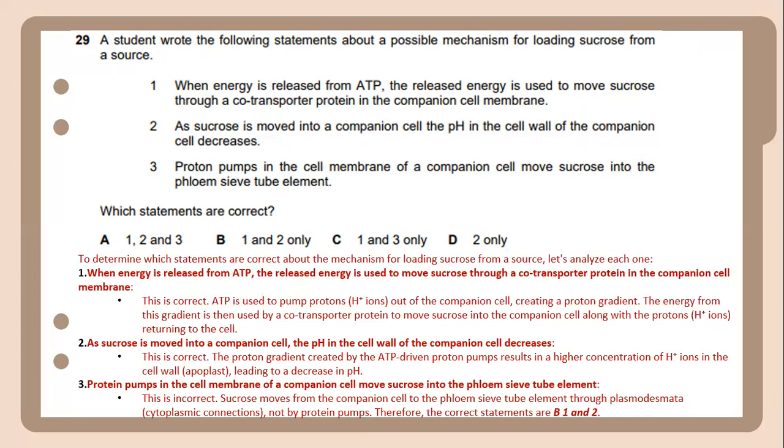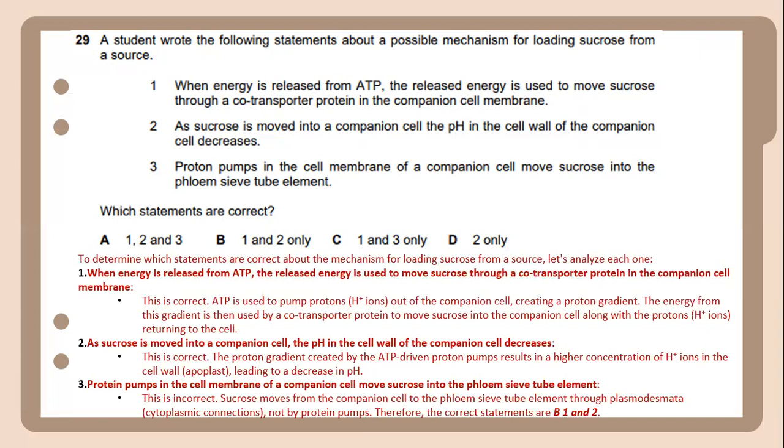And as sucrose is moved into a companion cell, the pH in the cell wall of the companion cells decreases, which is also correct. The proton gradient created by the ATP-driven proton pumps results in a high concentration of H+ ions in the cell wall, leading to a decrease in pH.